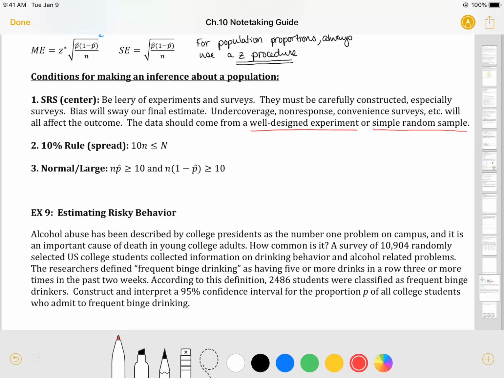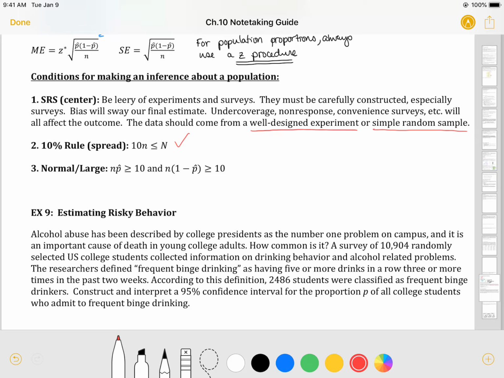Also, we need to make sure that our 10% rule checks out for spread. So that's to accurately estimate the standard deviation of our sampling distribution. And then also, for our normal condition, sometimes we call it large counts, notice how we are using, again, p-hat instead of p, okay?